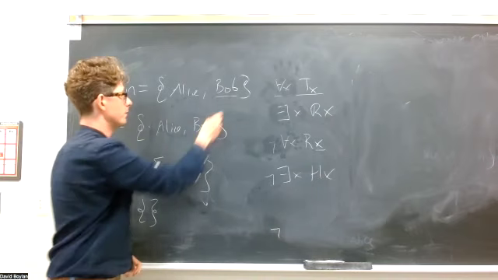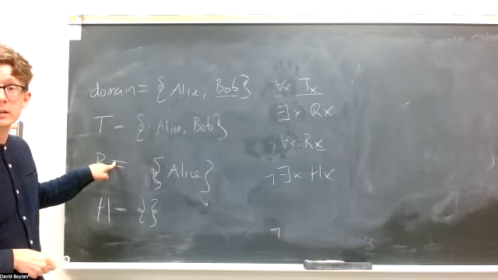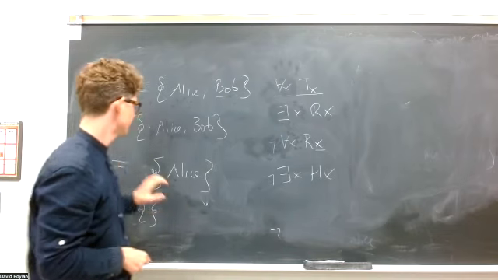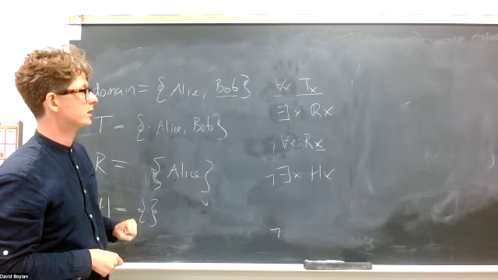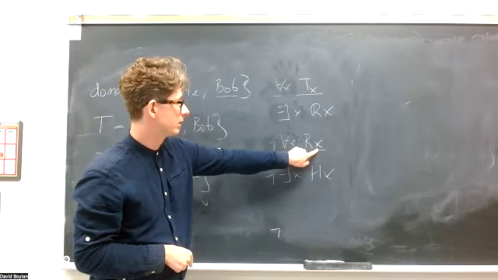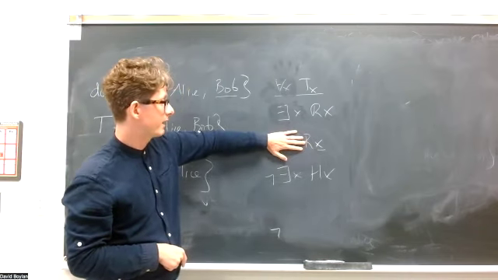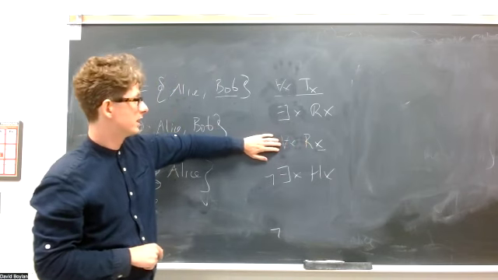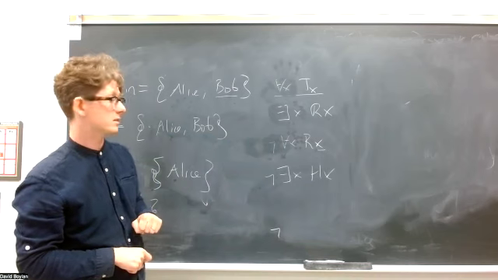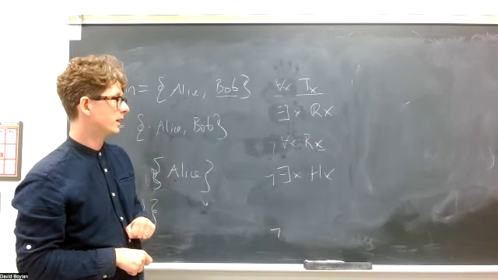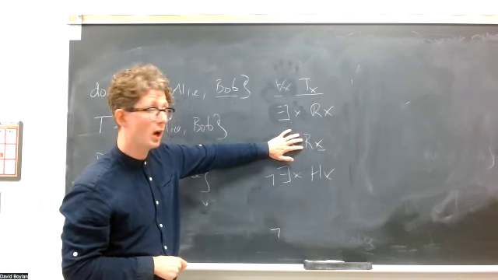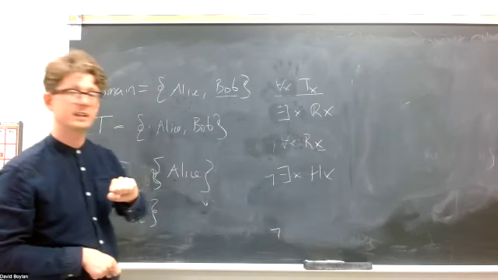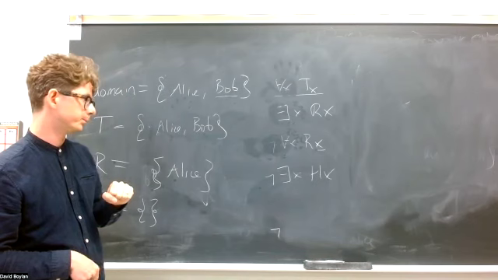We would just want it to be Bob, because Bob isn't in the extension of R. He isn't in what R picks out. So if we assigned x to Bob, r of x would be false, meaning not everything satisfies r of x, meaning the universally quantified sentence is false. So if there's any person that doesn't satisfy this sentence, then the whole negated sentence is true.